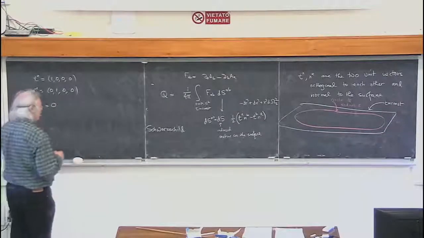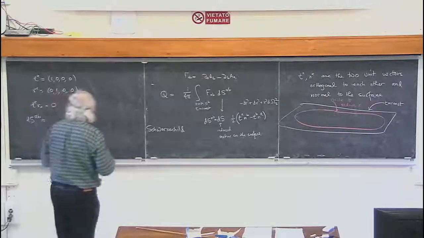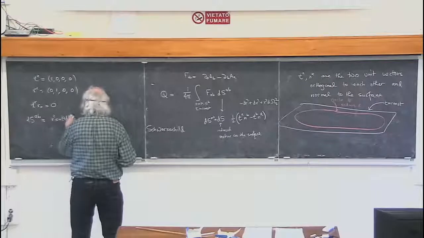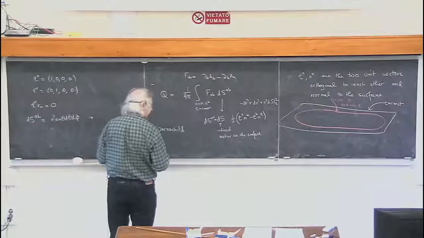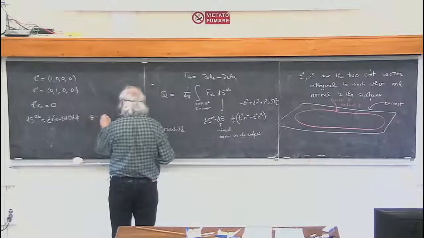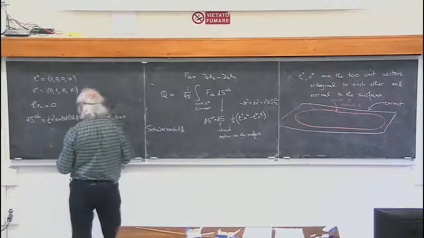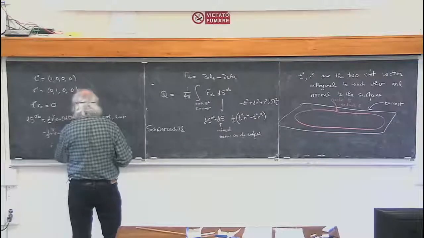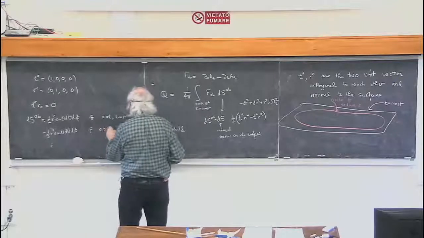And so dS_AB is going to be something like r squared sine theta d theta d phi times a half if A is equal to t and B is equal to r, and minus a half r squared sine theta d theta d phi if A is equal to r and B is equal to t.